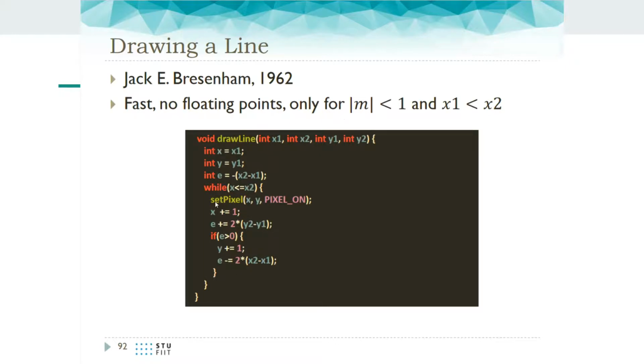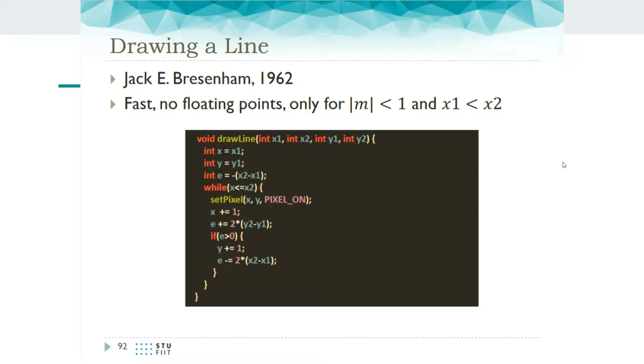And this is actually the part of the Bresenham line drawing algorithm. However, there is just one problem with it, and that is that this snippet of code works only if m, or the angle, is lower than 1, and it also works only if we are going from left to right in the coordinate system.